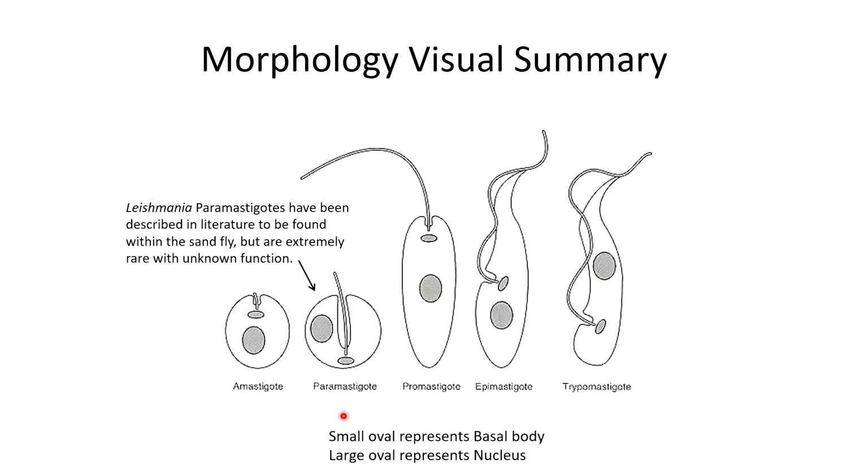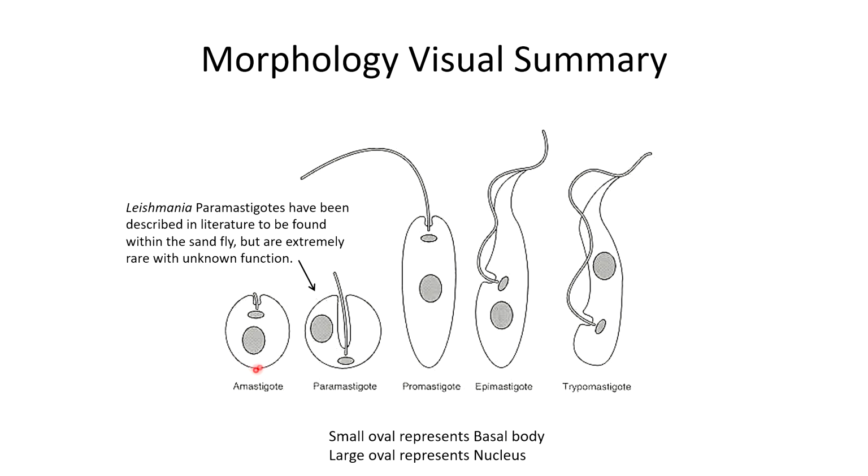So overall, here's a visual summary of the different morphological stages of Trypanosomes and Leishmania that we covered today. You have the amastigote, which is only found in Leishmania. The large oval represents the nucleus, and the small oval represents the basal body, which is where the flagellum attaches.